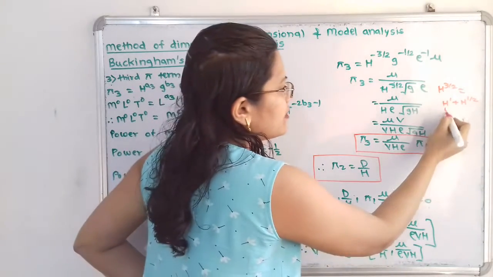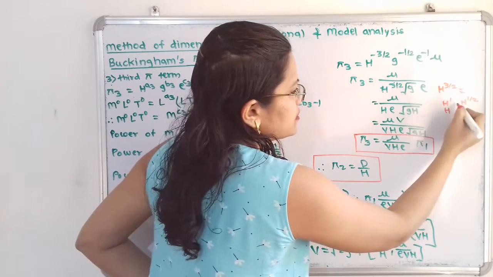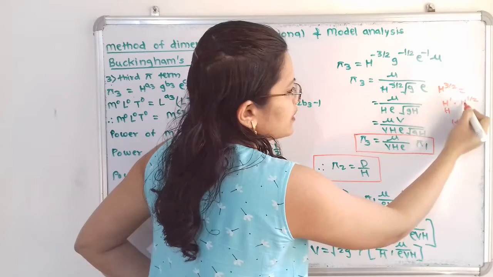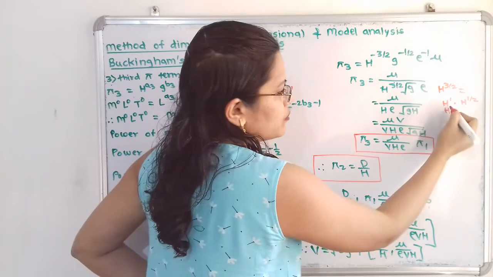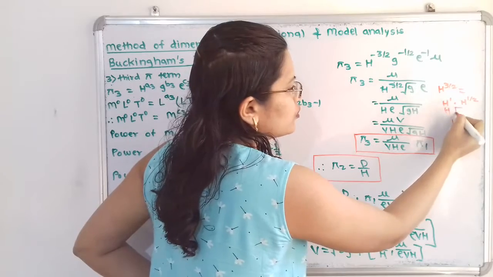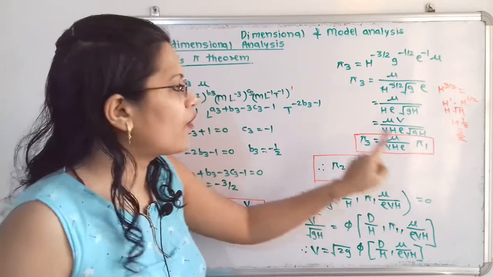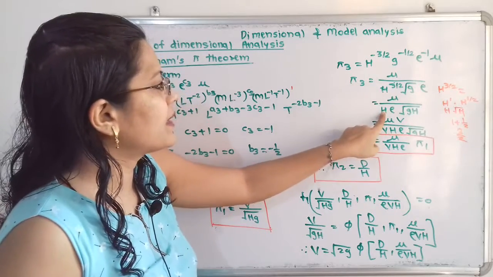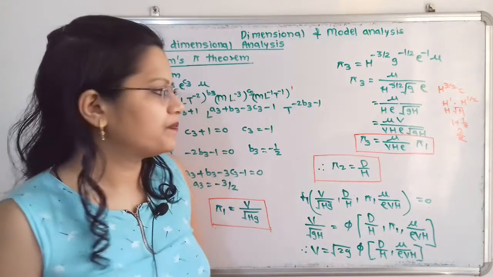So how we can write h root h? So we will write this h root h. So how we will write this? Mu divided by h into rho under root of g into h.